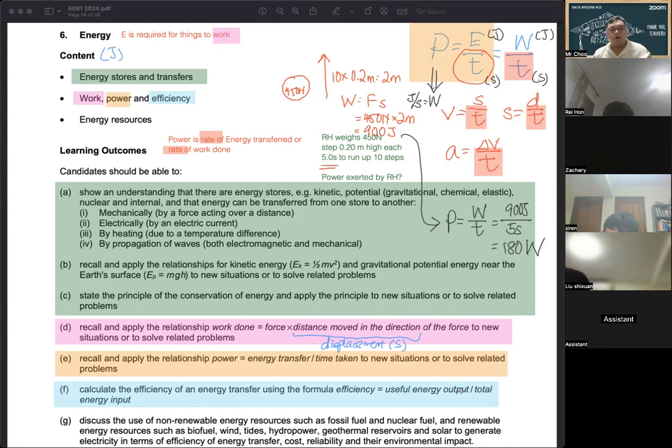So therefore, to find how efficient a machine is, we use the formula. Efficiency will be the useful energy output divided by the total energy input, multiplied by 100%. Are you all clear about that?